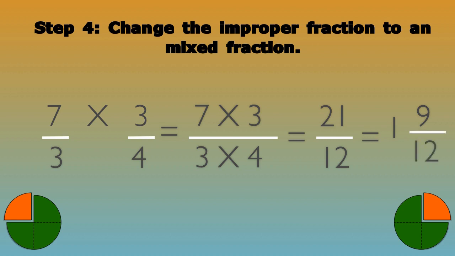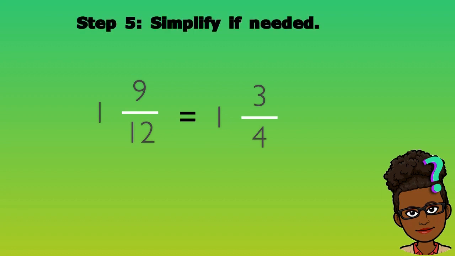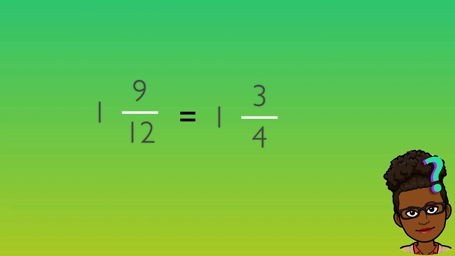My denominator stays the same. So now my answer is 1 and 9 twelfths. We're not finished yet. We have to simplify. When I do that, I'm simplifying 9 twelfths by the factor of 3, and I get 3 fourths. So my final answer is 1 and 3 fourths.